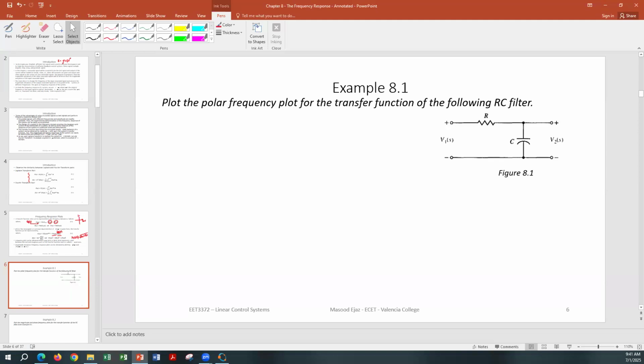Initially, the capacitor is open, no voltage can go through at the output, so the output is going to be 0. And when the reactance of the capacitor becomes very small, it acts as a short circuit and all the voltage appears across the resistor, which is in parallel with the output. So at high frequencies output will be high, at low frequencies output will be low if you switch capacitor and resistor. And that will be a high pass filter.